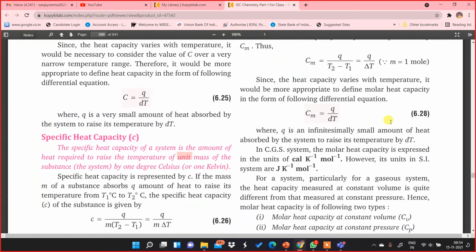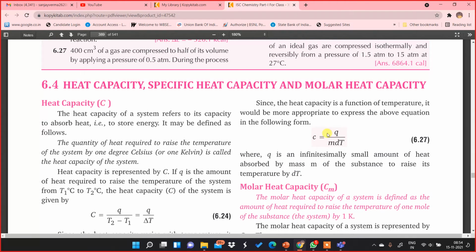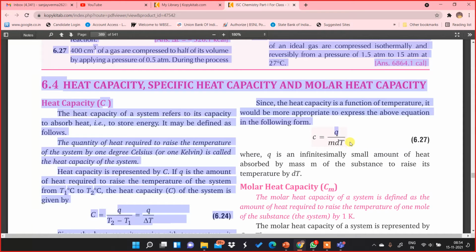Moving further, the second column over here. Since the heat capacity, remember, is a function of temperature, it would be more appropriate to express the above equation in this form. It is a function of temperature, because the temperature is changing.